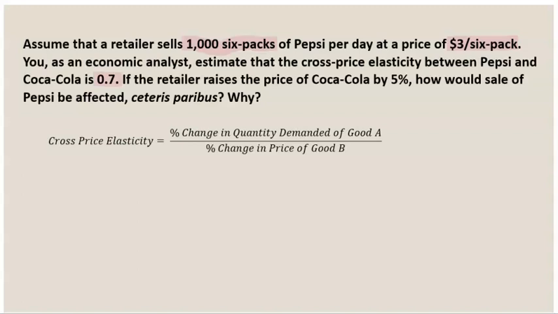And the retailer makes a 5% increase in the price of Coca-Cola. So those are the numbers we have to work with. And here is your formula for calculating that. So why don't you hit pause and see how far you can go with this problem, and then we will look at it and finish it together.